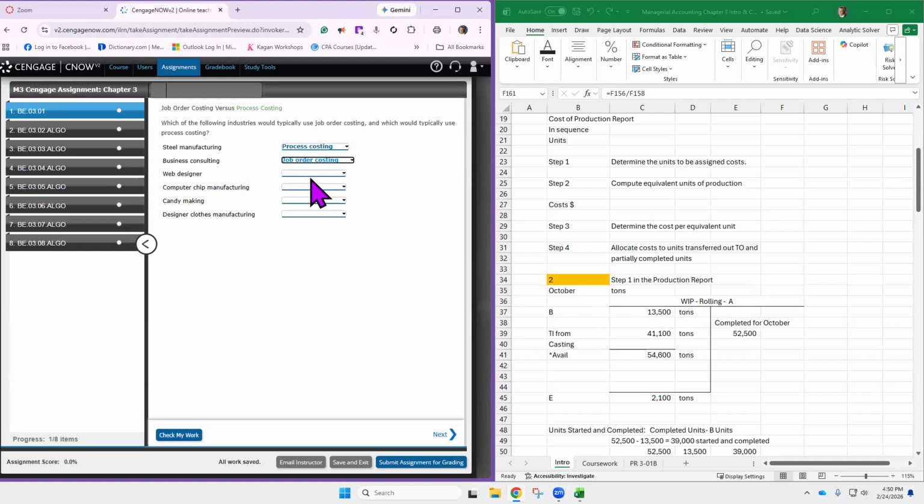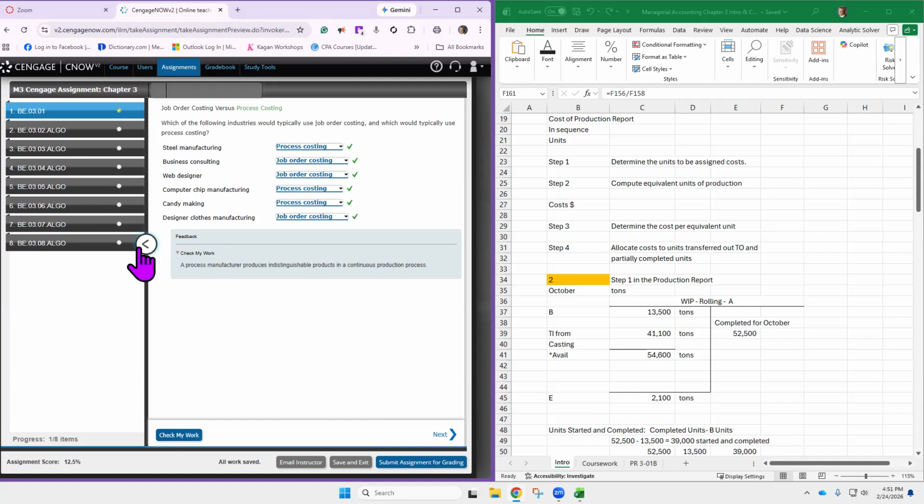A web designer, I would say each website is probably different than the other. A computer chip manufacturer would be process costing. Candy making, food and beverages and liquids tend to be process costing. And the fact that this is designer clothing, if it didn't say designer, then you might be able to argue that it's process costing. But this is job order costing.